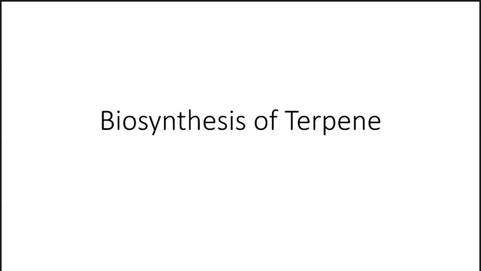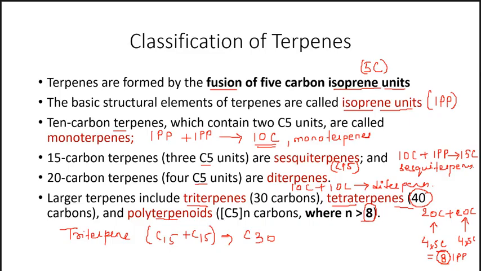Now how are these terpenes synthesized? What I told, the precursor is IPP, which is isopentenyl pyrophosphate or isopentenyl diphosphate. They are the same thing. But how is this IPP synthesized?